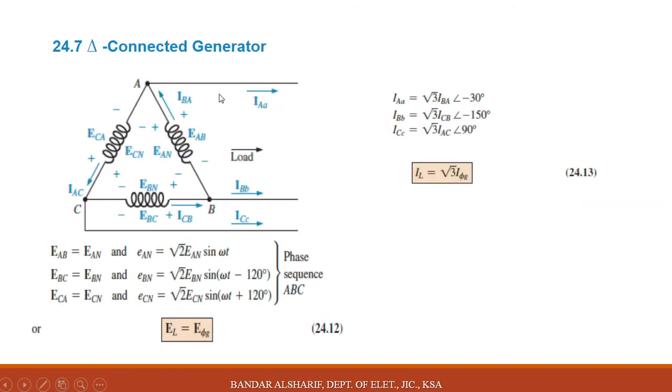How to connect a delta connection: we connect the end with the start of another winding, and the end of the second one to the start of the third one, and the end of the third winding to the start of the first winding.